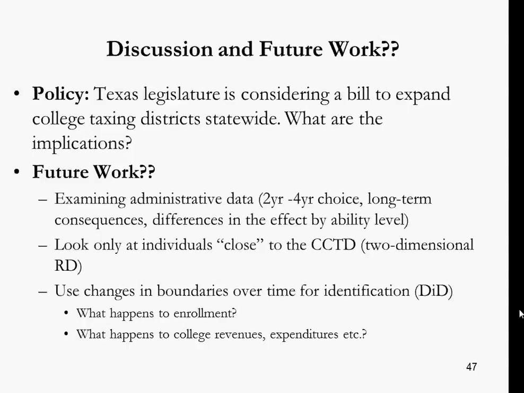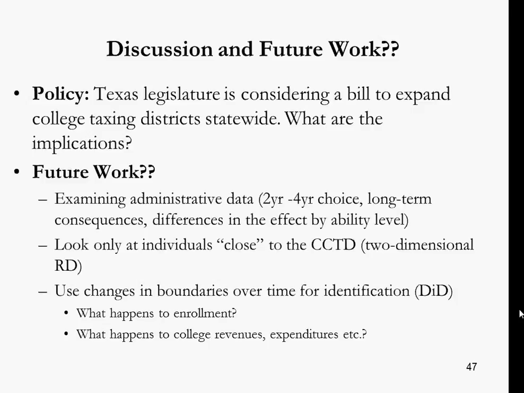You might be very close to the boundary outside the district versus somebody very close inside the district, but they may be really far from each other because one's on one side of the taxing district and the other's on the other, and some of these taxing districts are fairly large. You might think that would average out around the boundaries, but because of the clustering of people living in density problems, it's much easier to deal with that by doing a 2-dimensional RD to isolate individuals who are both close to the boundary but also close to each other.